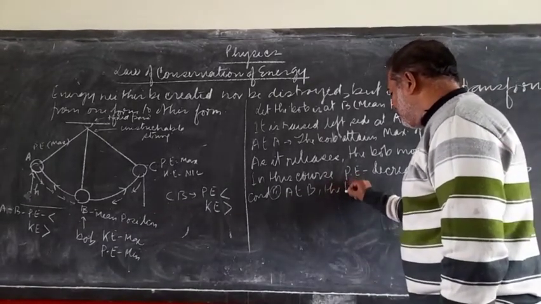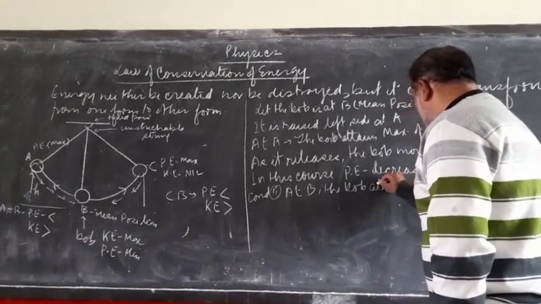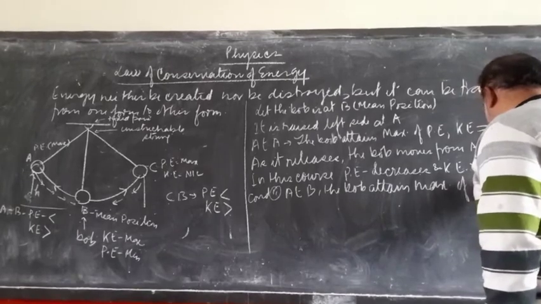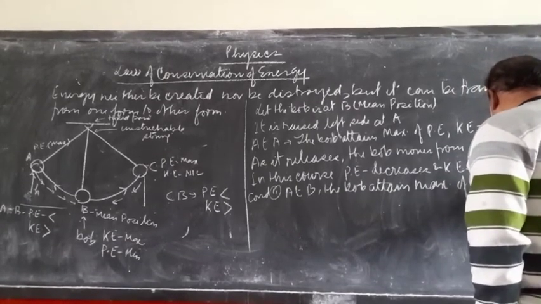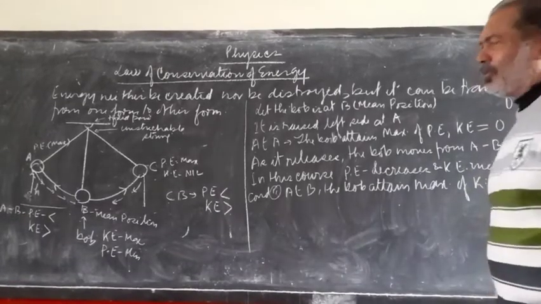The bulb attains maximum kinetic energy and potential energy is almost zero.